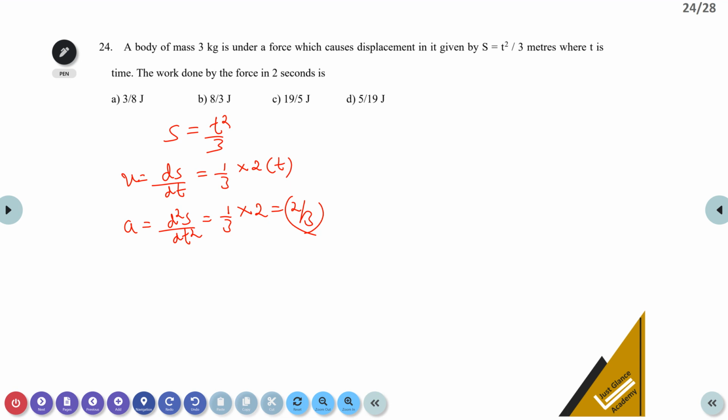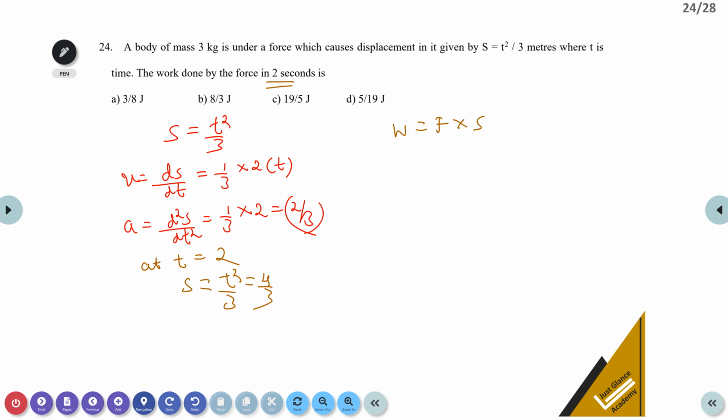Work done is asked. Work done equals F into S. But I want to find the value of S at 2 seconds. At t equals 2 seconds, S equals t square by 3, equals 4 by 3. Now W equals M into A into S. Substitute: mass is 3 kg, acceleration is 2 by 3, displacement is 4 by 3.